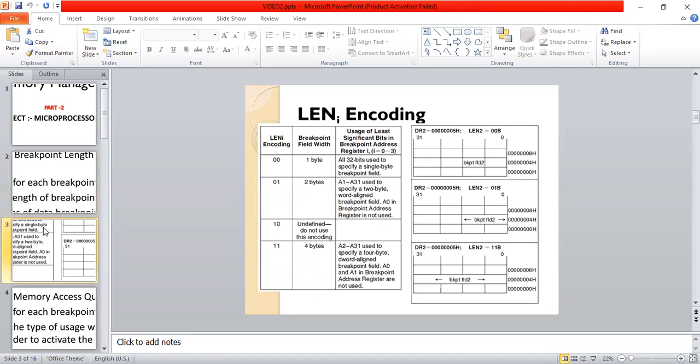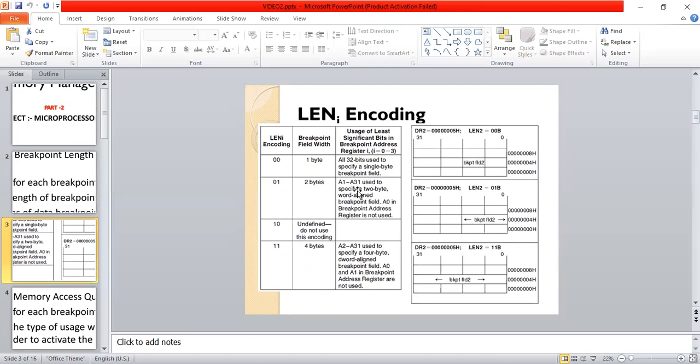Length LEN encoding. LEN encoding 00 means 1 byte. This uses the least significant bits, all 32 bits are used to specify a single byte breakpoint. 01 is a 2 byte breakpoint field width.